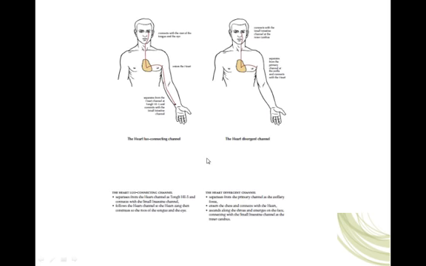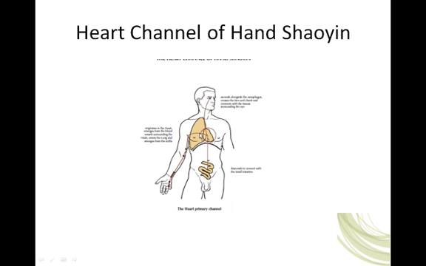And another branch moves laterally, connects with the lung, then crosses through the axilla where it emerges, heart 1, in the center of the axilla, and descends along the anterior medial aspect of the upper extremity, crosses the wrist, the radial side of the 5th metacarpal, and terminates at the nail root of the pinky, of the small finger, at heart 9.